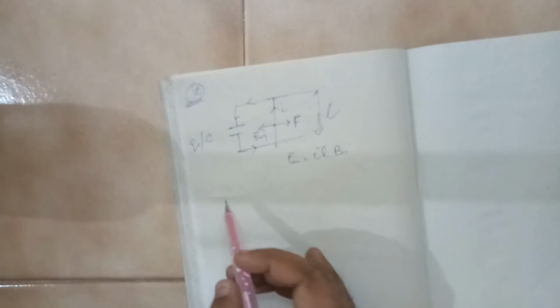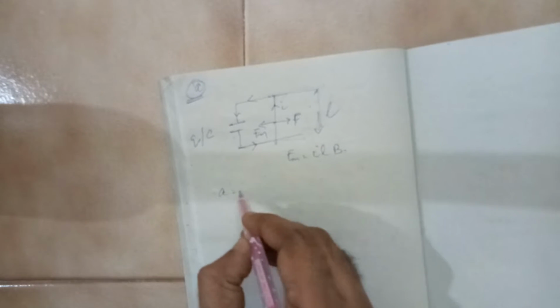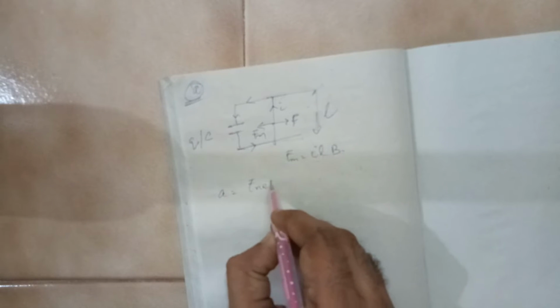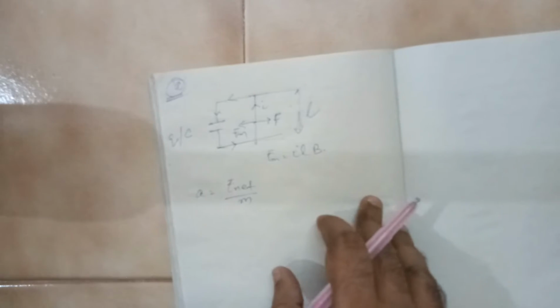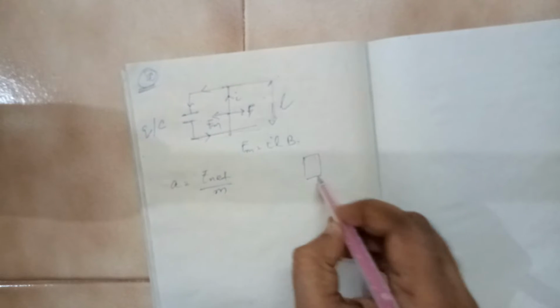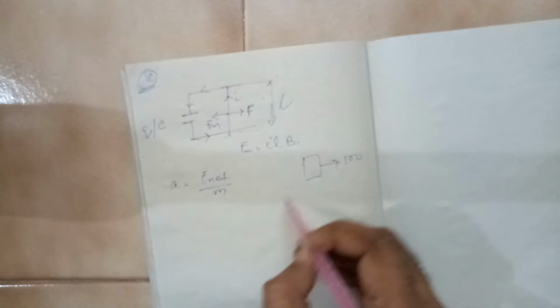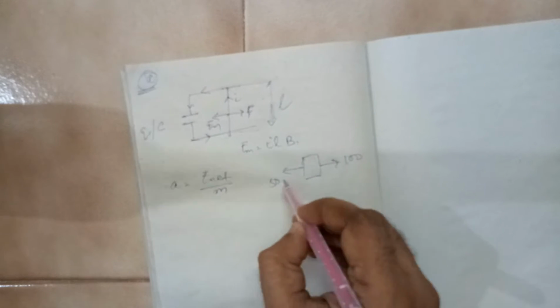Whenever you find this type of question where you have to find acceleration, you have to basically find out the net force divided by the mass. In the mechanics part also I have told you, for the students who have not understood this part, let us say there is a block, 100 force is applied here, 50 force is applied here.